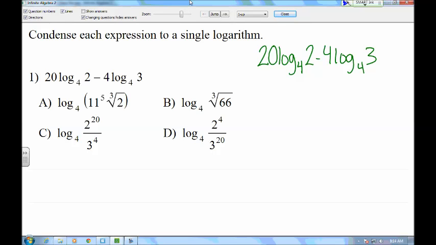How do we condense into a single log? I would agree with circling something. What can we circle? You go from the 4 to the 2. I'm just going to circle 20 and 4. Why would I circle those? I wouldn't call them like terms necessarily. They have like placement.